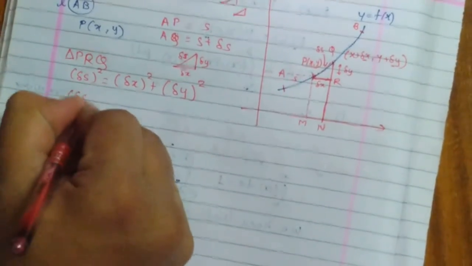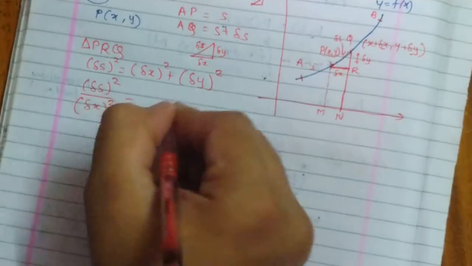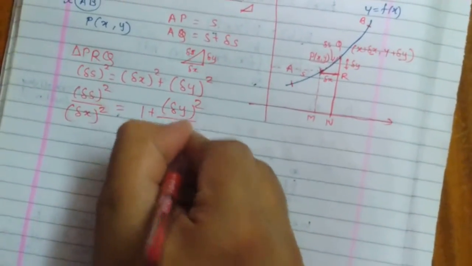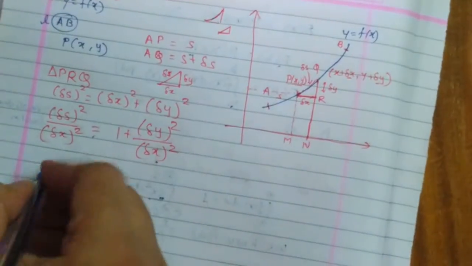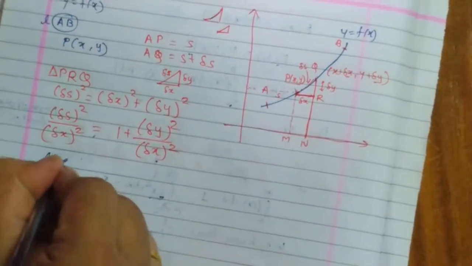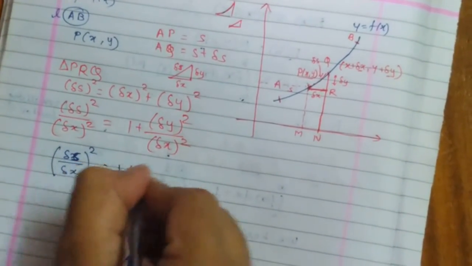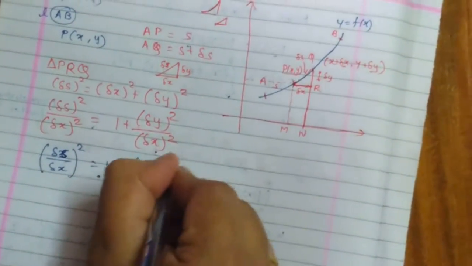I get delta s square upon delta x square is equal to 1 plus delta y square upon delta x square, which is nothing but (delta s upon delta x) square is equal to 1 plus (delta y upon delta x) square.